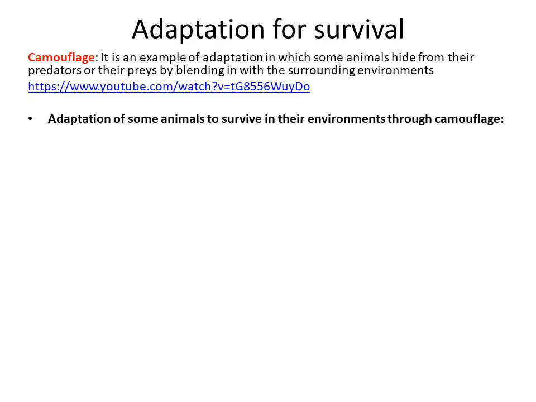And now let's study an interesting example of adaptation that we call camouflage, in which some animals hide from their predators or their prey by blending in with the surrounding environment. So let's discover together some animals that survive in their environments through camouflage.